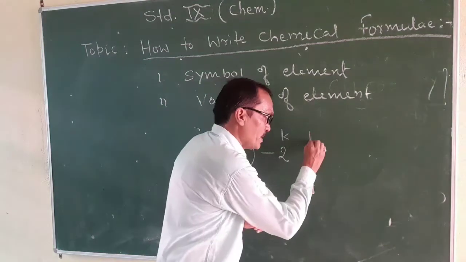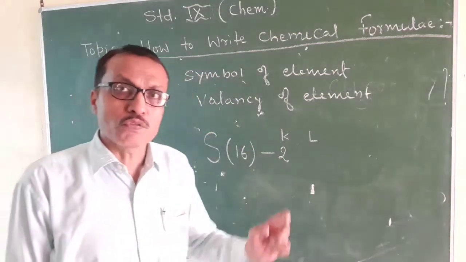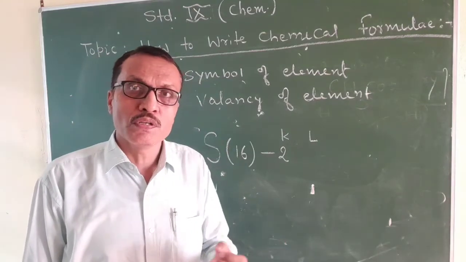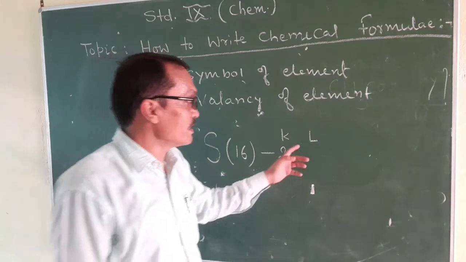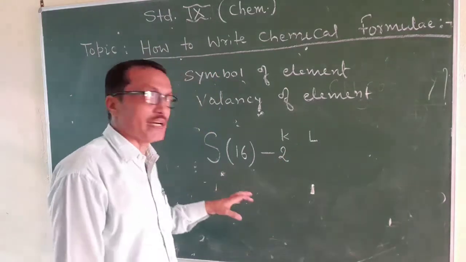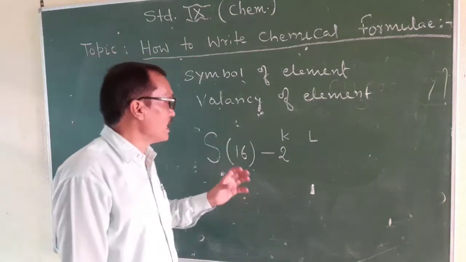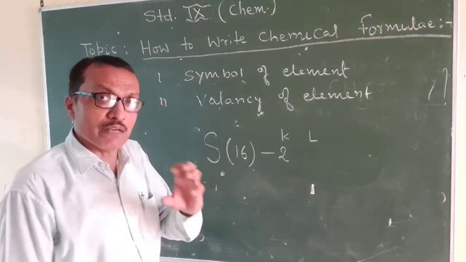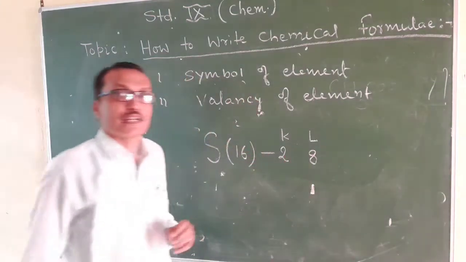Now the second orbit is L. According to the Bohr-Bury scheme, a maximum of 8 electrons can be accommodated in the second orbit, and we have enough electrons, so we put 8 electrons here.